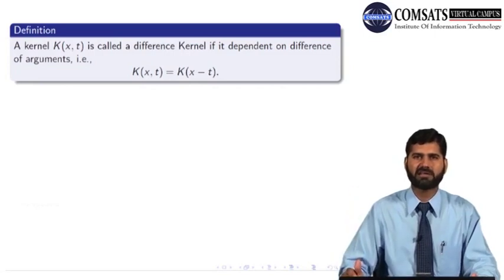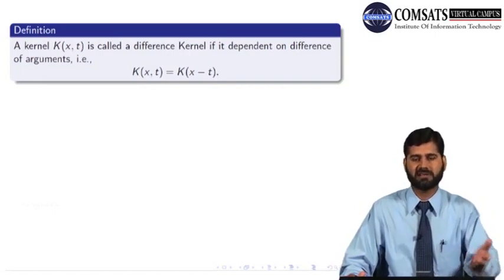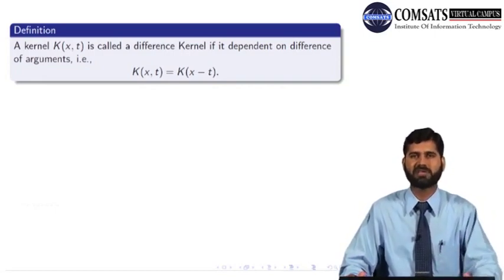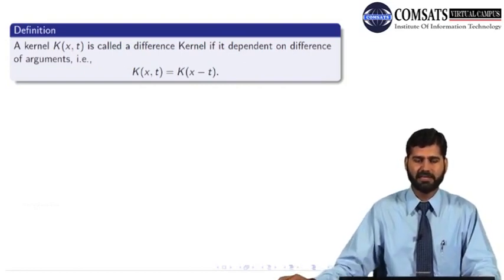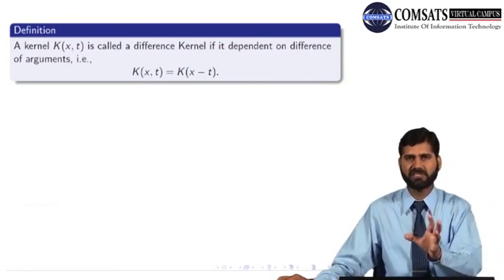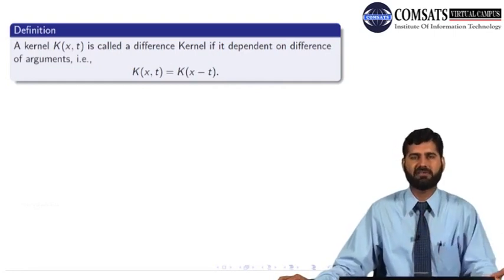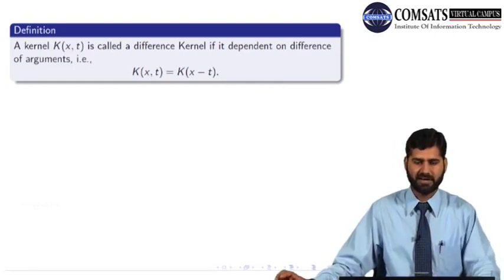Remember when we started integral equations and we defined kernels, and then we defined some special kinds of kernels? This was one of them. If you go back to that lecture, the difference kernel is one of them. Whenever you see x and t, they will be coming together in the form of x minus t.